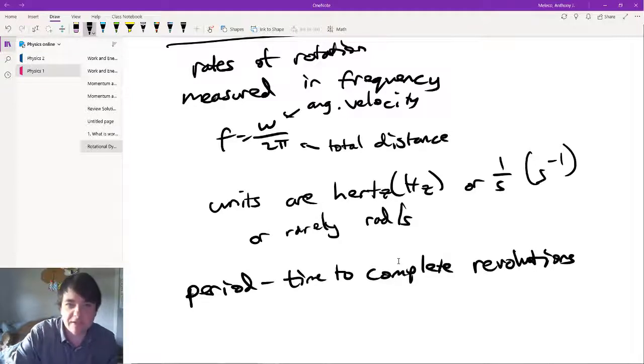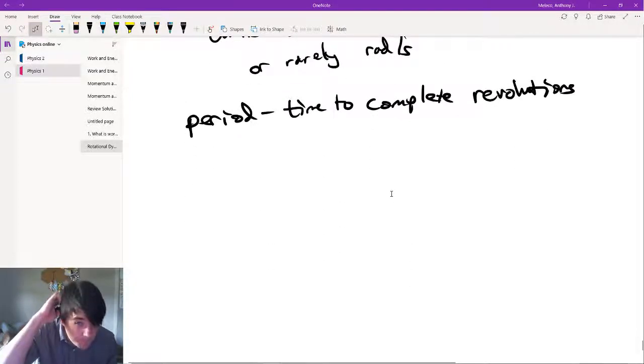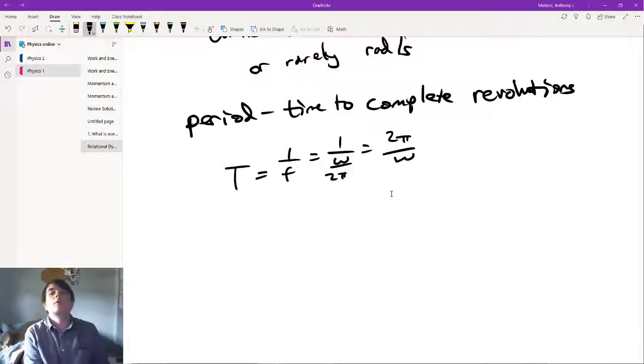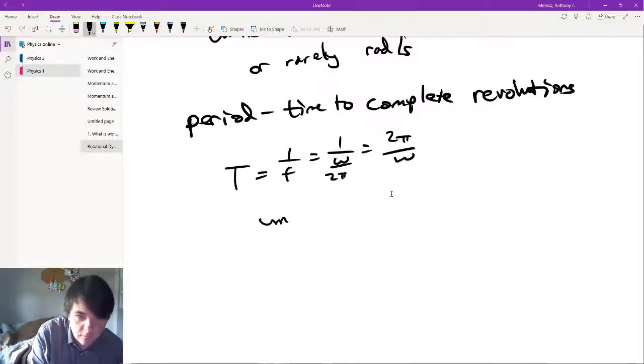So the main difference here is when you're talking about frequency and period, it's in terms of full revolutions rather than half revolutions. If you're using half revolutions, you're going to just talk about angular velocity and angular position. So here's the period. Units are seconds.